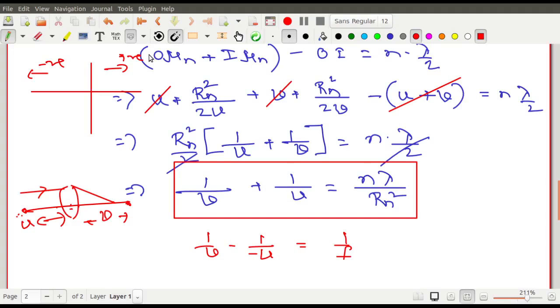This is most probably old sign convention, and the new sign convention is along the direction of light it is positive and opposite is negative, something like that. So many people follow that. Actually the textbooks follow that, but I would recommend always that instead of going into all difficulties, if you think of a graph paper, your left side is negative, right side is positive, top is positive, bottom is negative, and each and every problem can be solved with a very simple approach.